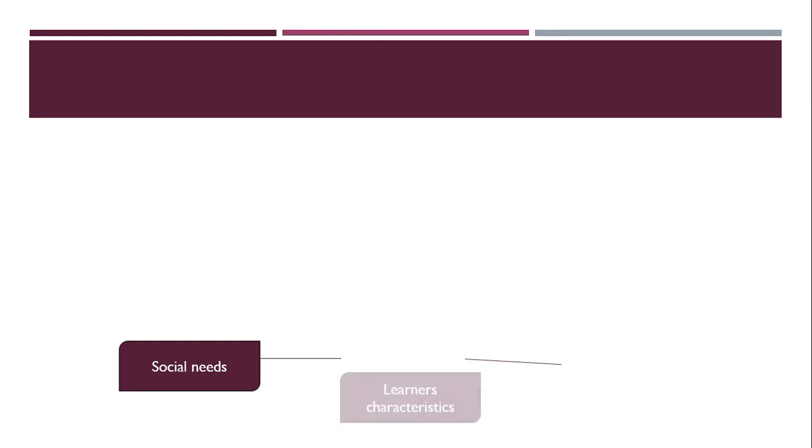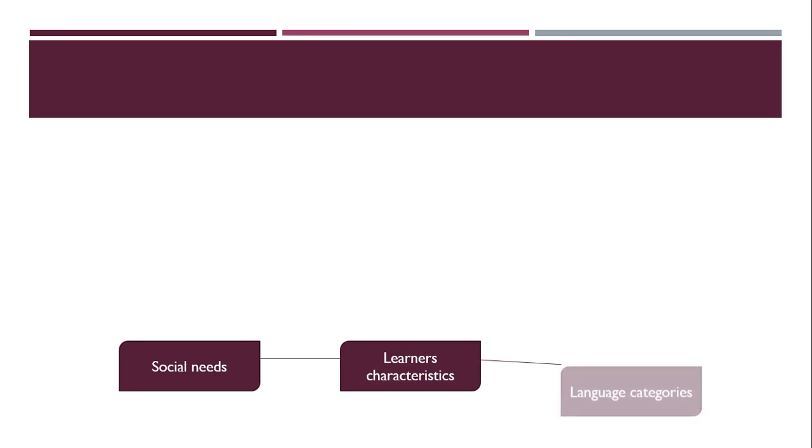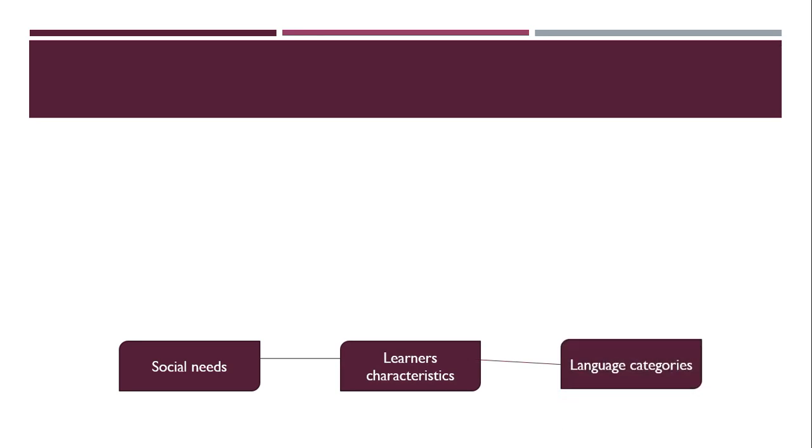Okay? Lastly, I'm sorry it is taking so long, but this is a very important lecture for all of you. First, we said I am making objectives for making a material for my students. The government is making material, a syllabus for its students. It needs to study first the social needs, learners' characteristics, language categories. Then it moves up to where?